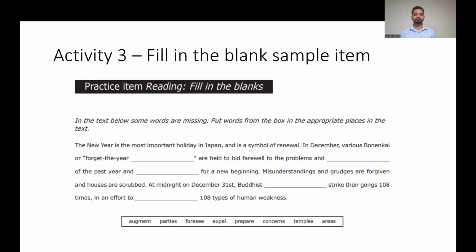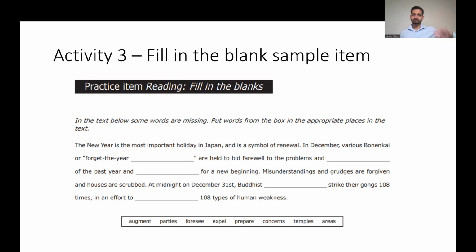The New Year is the most important holiday in Japan, and it is a symbol of renewal. In December, various Bonenkai, or forget the year, that's the technical term, Japanese term, are held to bid farewell. Forget the year what?